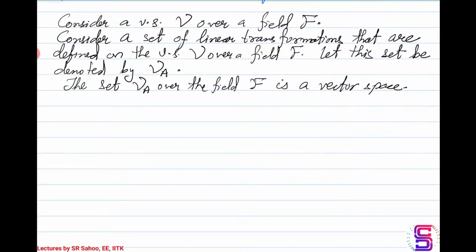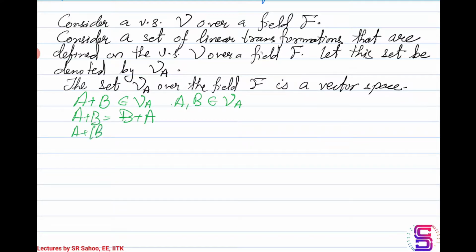You can verify that properties like A plus B belonging to V_A, when A and B are two linear transformations, will hold. A plus B equal to B plus A, basically commutation with addition.